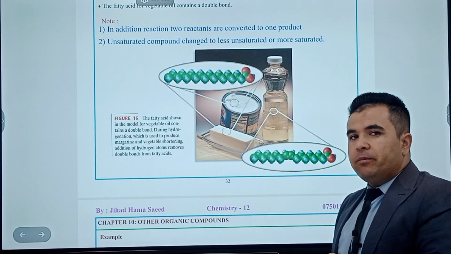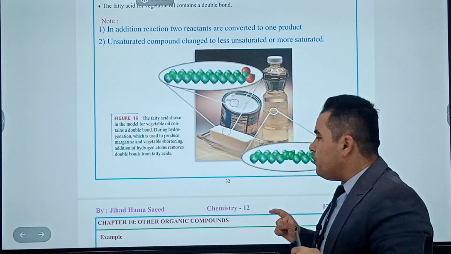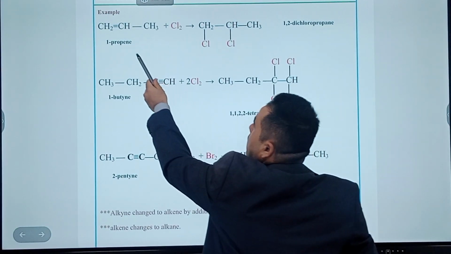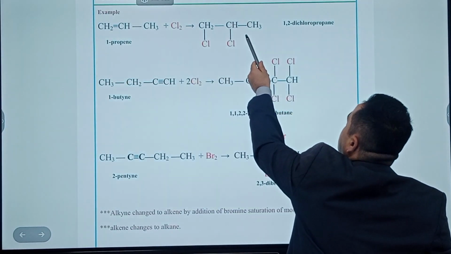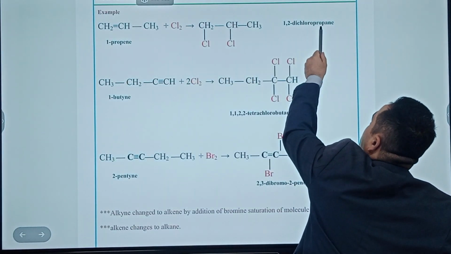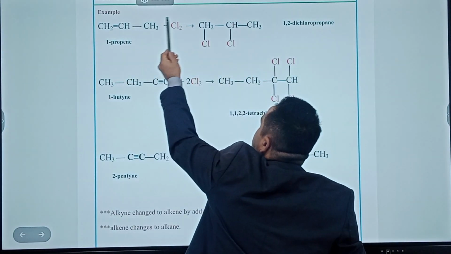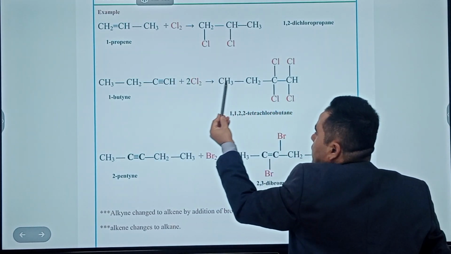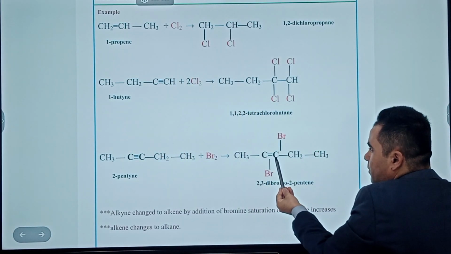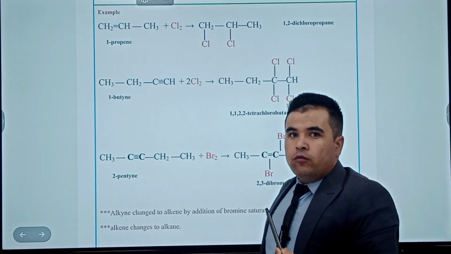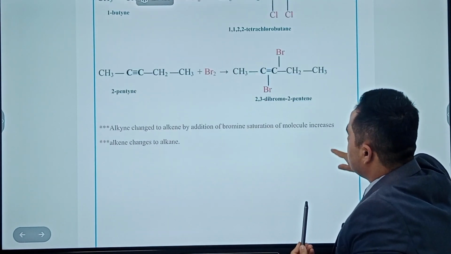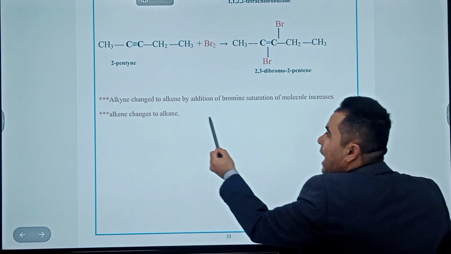We'll be talking about the elimination reaction, which is just the opposite of the addition reaction. As you can see here, 1-propene goes to form 1,2-dichloropropane. It becomes saturated. Triple bond going to single bond, or triple bond to double bond, are all processes of addition reaction, and it becomes more saturated.